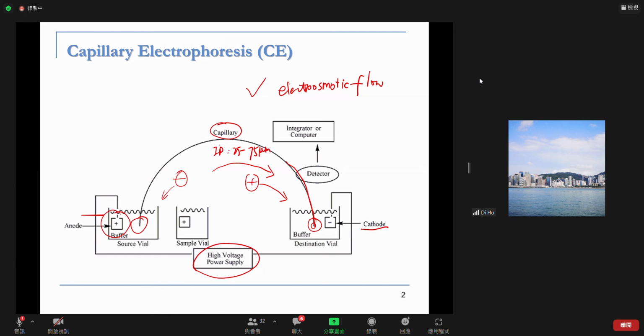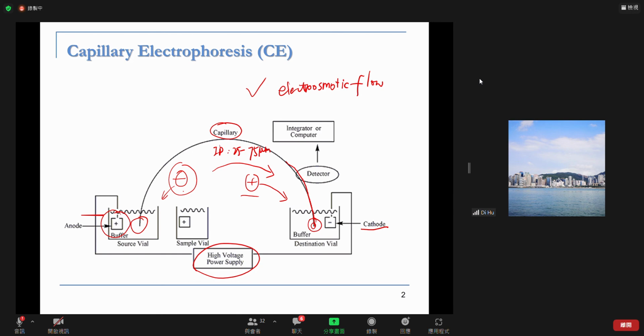Under normal conditions, all the cations are accelerated because the cathode is pulling them toward the detector. But the anions slow down because the anode is pulling them back. So they're different, and they're separated: one has an acceleration force, the other has a pulling-back force.